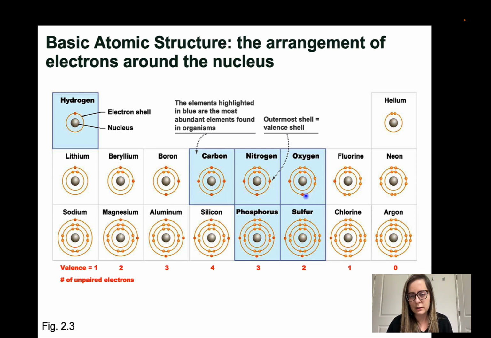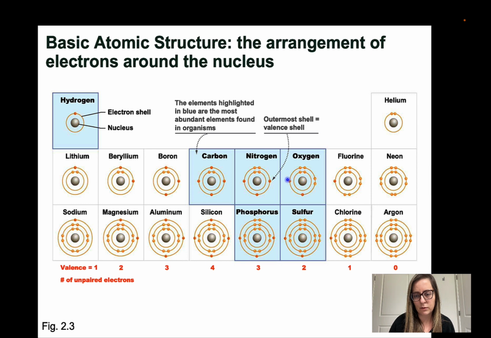So let's take a look at oxygen. Oxygen has 8 electrons. So we have 2 in the innermost shell in the single orbital, and then in the outermost shell we have an orbital here that's a pair, so 2 and then 4, 6. And then these 2 electrons are unpaired.